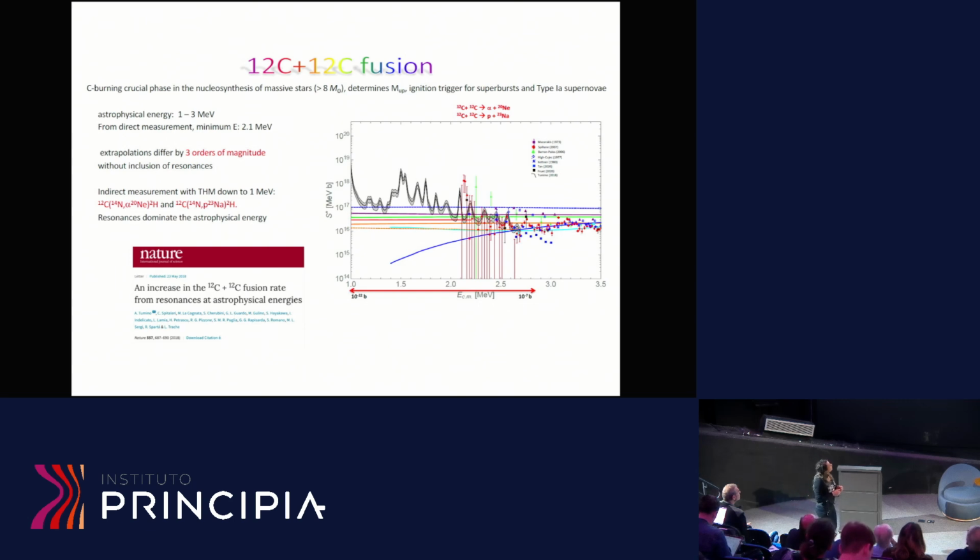So what we did: at that time, when we decided to investigate the carbon-carbon interaction by means of the Trojan horse method, we looked at the direct data, which stop around 2.2 MeV. That means above 16 MeV of excitation energy, just at the beginning of the astrophysical region of interest.